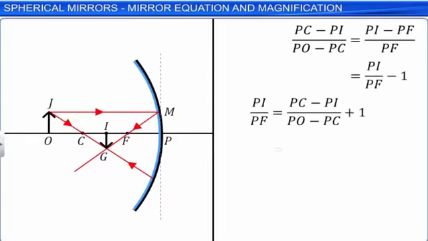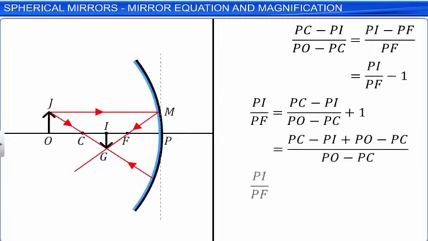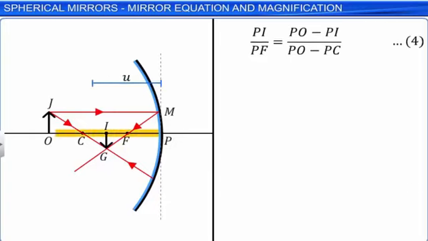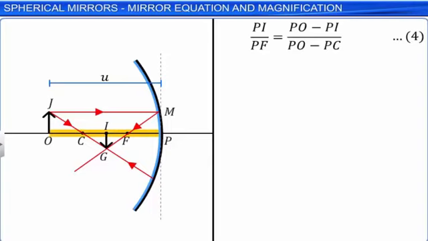We know that PO is the object distance, PI is the image distance, PF is the focal length, and PC is the radius of curvature. Now we need to apply the Cartesian sign convention to substitute appropriate values for these terms. Note that the object is to the left of the mirror, and hence the light rays are incident on the mirror from left to right.